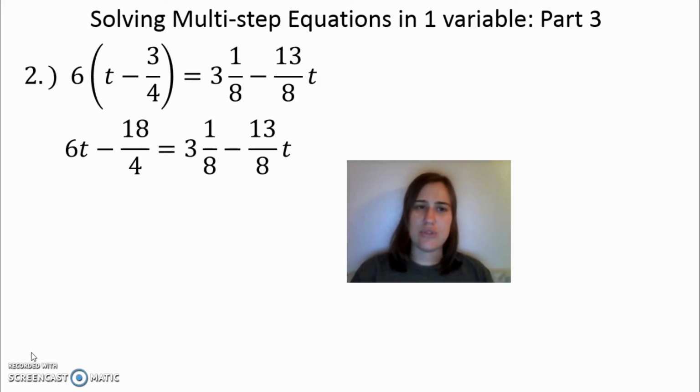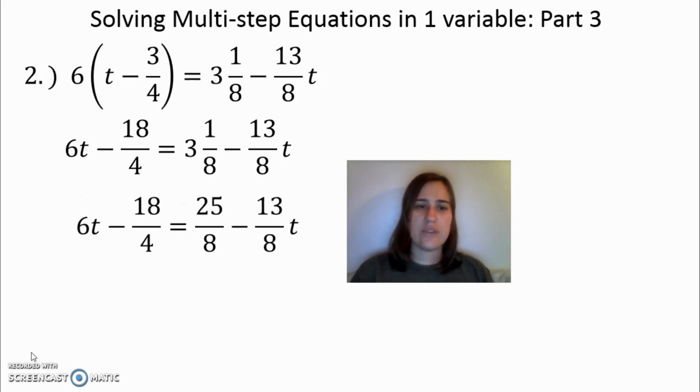And 6 times 3 is 18, and you leave the 4. We also have a mixed number that we need to turn into an improper fraction. So we're going to multiply 3 times 8 and add 1, and that gives us 25. So we just turned 3 and 1/8 into 25 over 8, and now we can kill fractions.